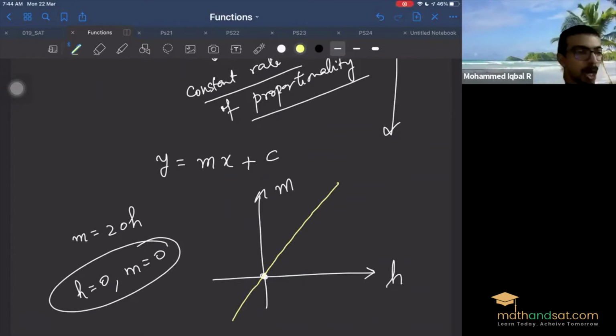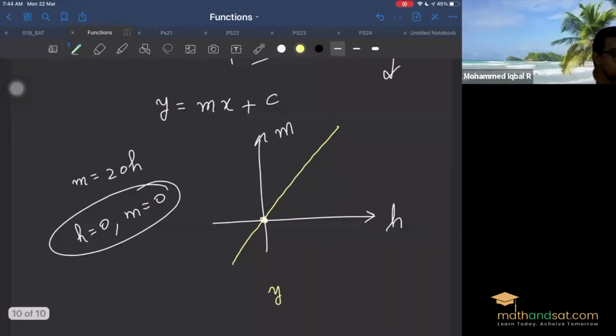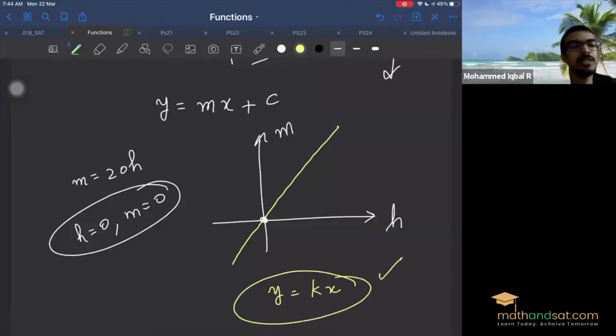Always remember, if you have a function of the form y is equal to some k times x, the graph of this function will always pass through the origin. Please note it down.